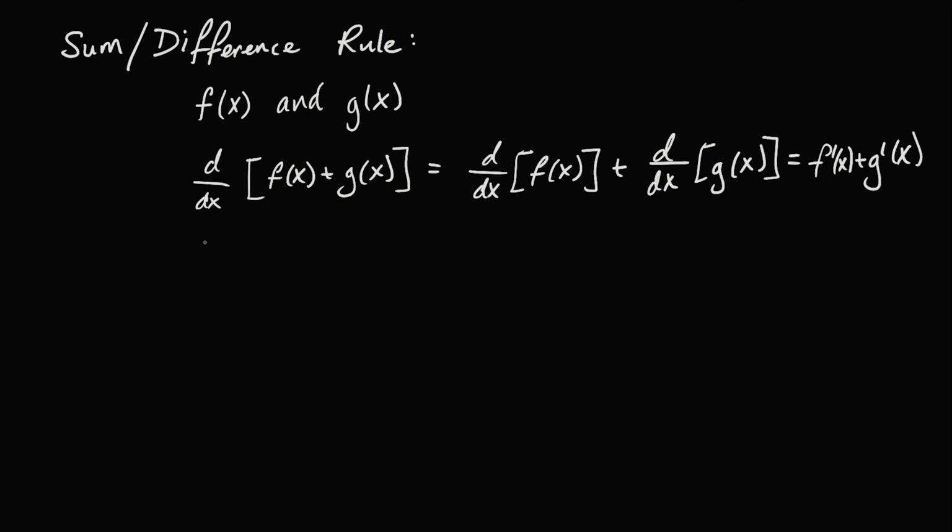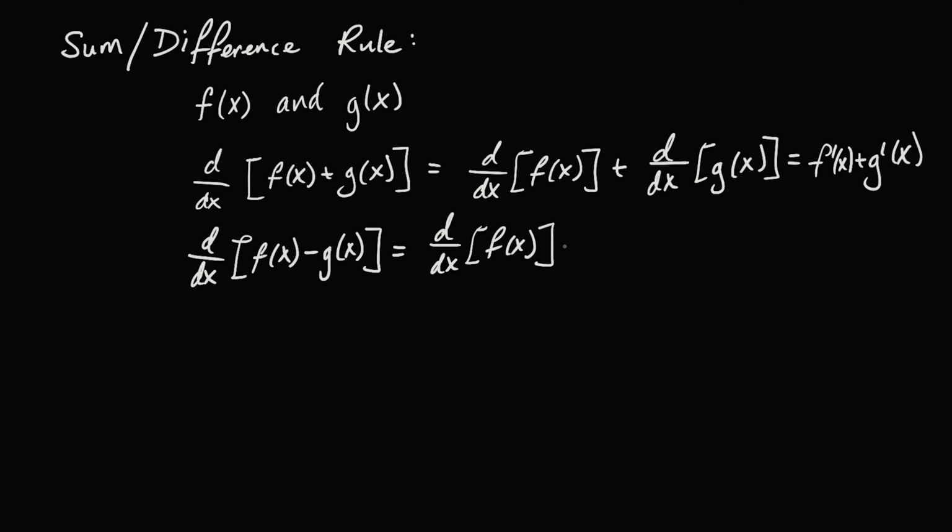If we just change the symbols, d over dx of f of x minus g of x equals the derivative of f of x minus the derivative of g of x, and we can write that as f prime of x minus g prime of x. So those are the constant rule and the sum and difference rule.